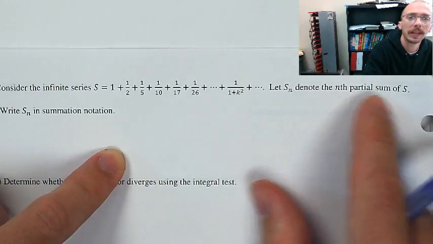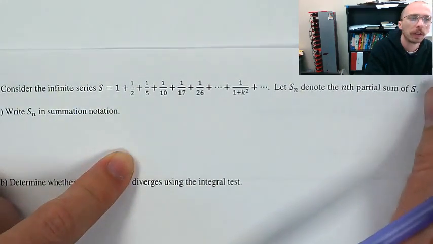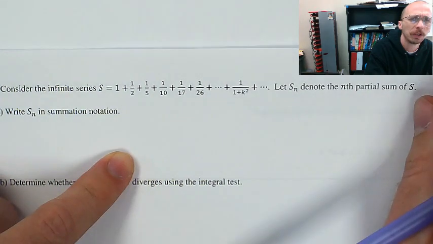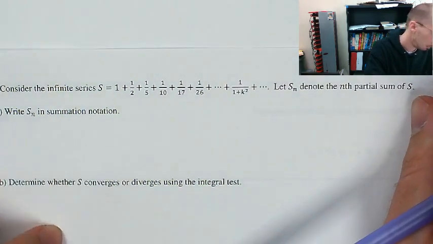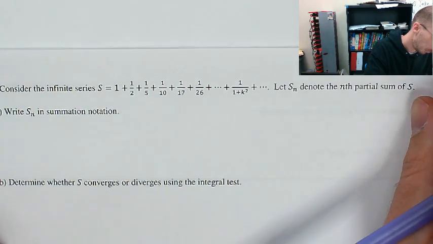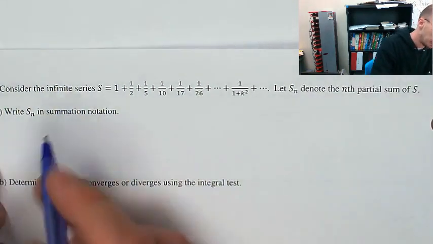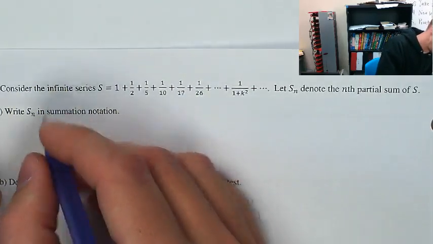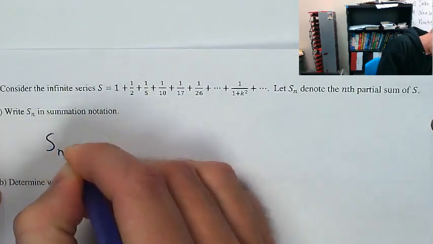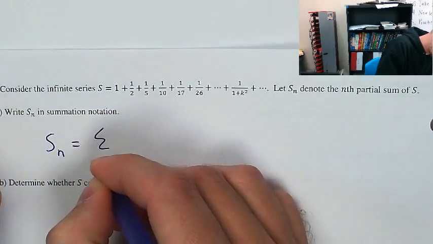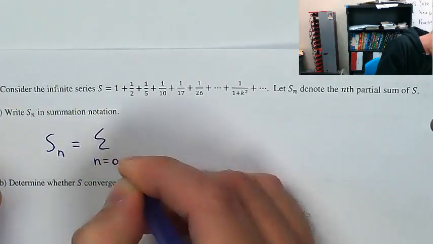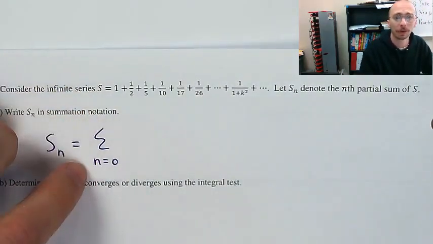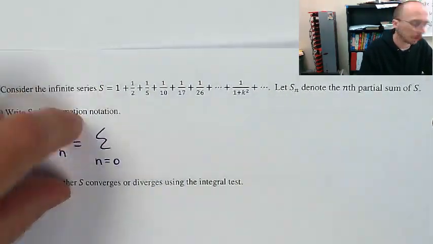Let Sn denote the nth partial sum of S. Sn in summation notation is the sum from n equals 0 up. Well, I guess we're going to stop at n, so n can't be the index and the place that we stop.